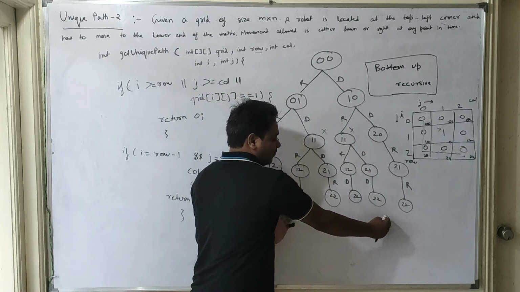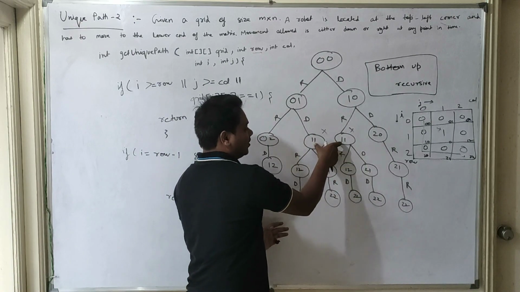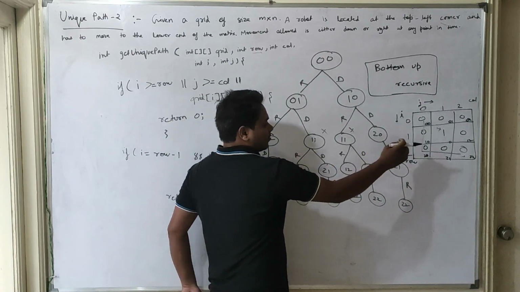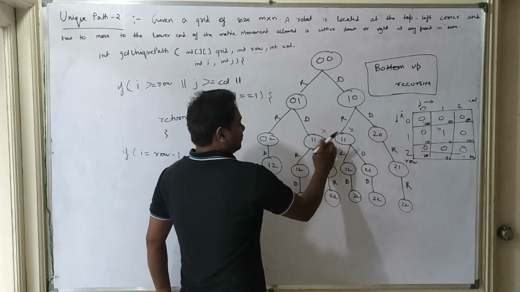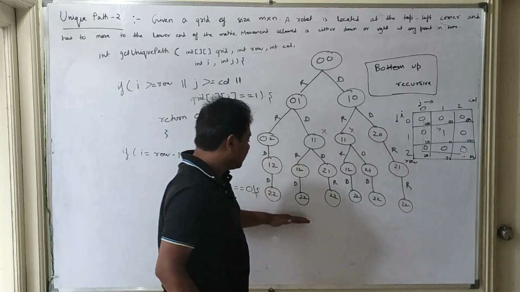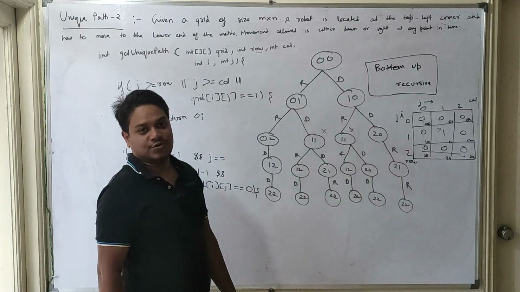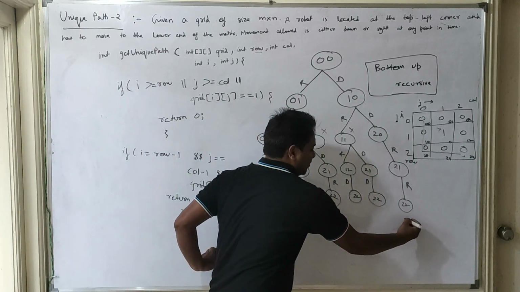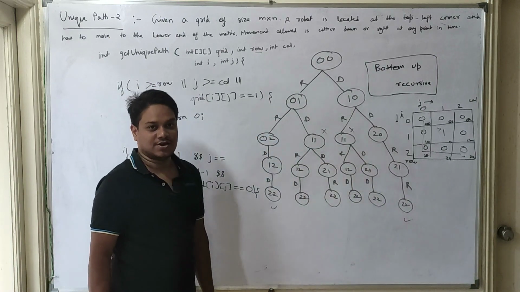So we would have gotten 4 more paths if we would have chosen 1 1 over here. But since we are not choosing 1 1 because of the obstacle, so these 4 paths are basically excluded from here. So we are practically having only 2 paths as our solution.